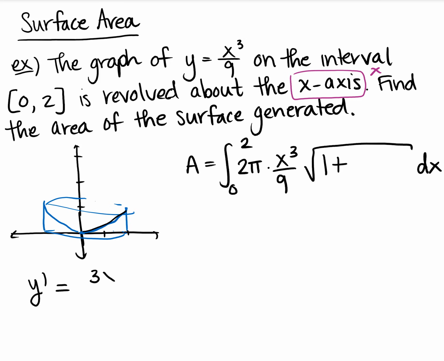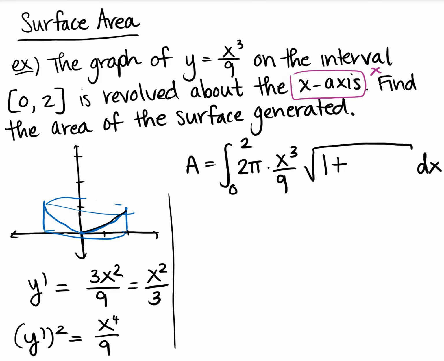This is 3x squared over 9, or x squared over 3. And even if it's a little more complicated, as you saw in the arc length video, sometimes we might want to spend a little more time figuring out what we have, because we might have some fun algebra to do.